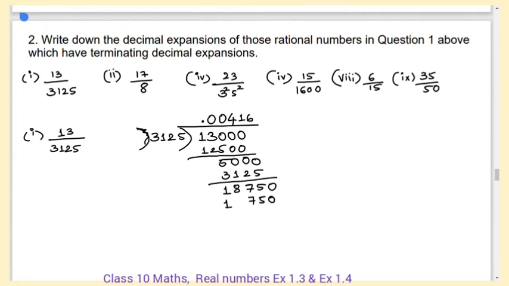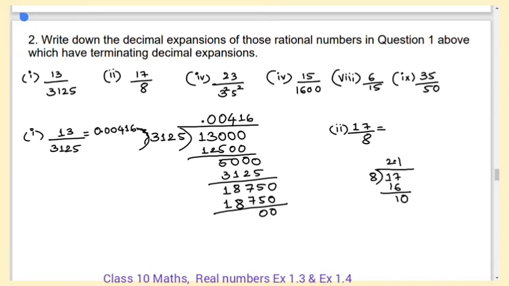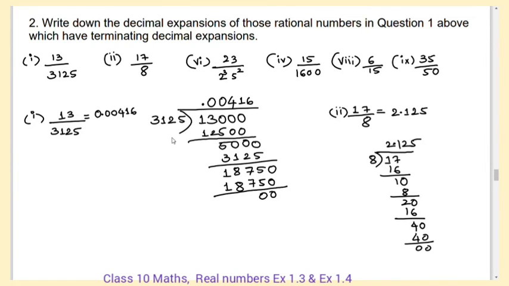So when you divide 13,000 by 3125, you will get 0.00416. So it is a terminating decimal expansion. Likewise you have to solve the other problems also. 17 by 8. So you have to divide it. So you have got 2.125 here.